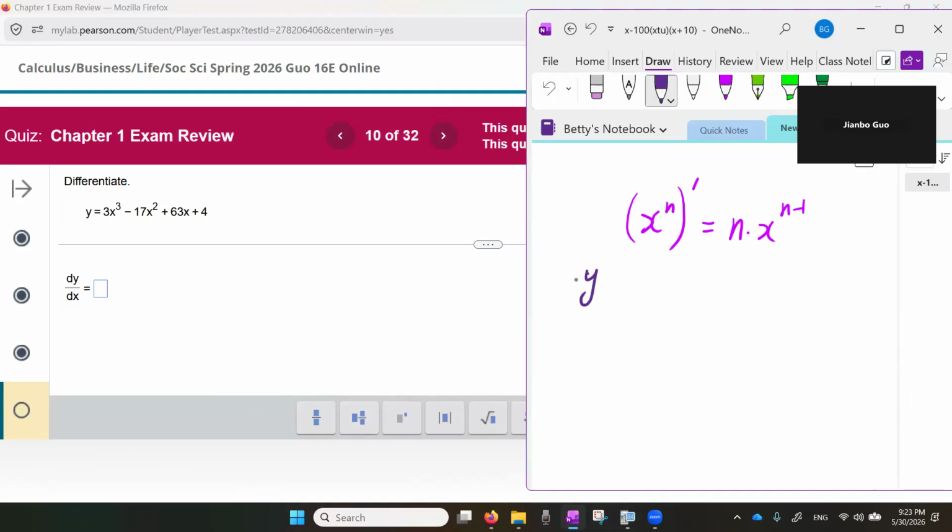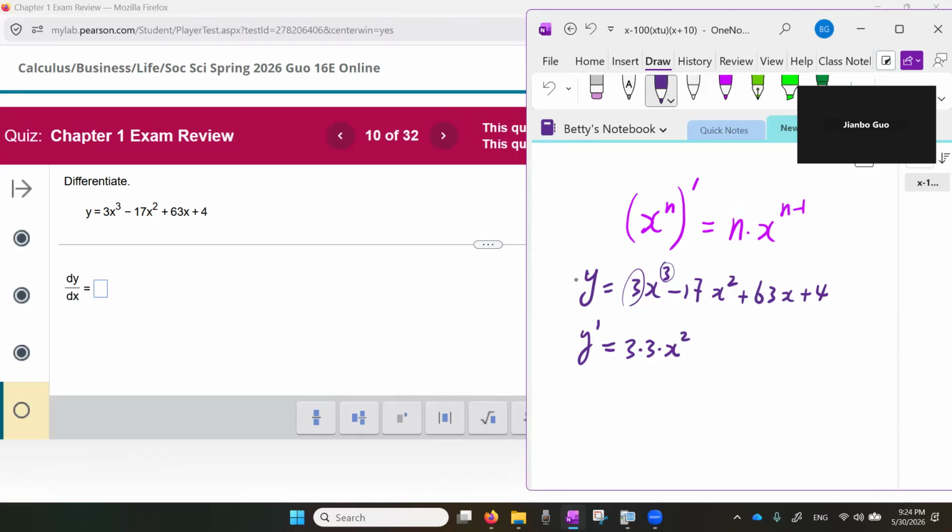So the function y equals 3x cubed minus 17x squared plus 63x plus 4. We're looking for the derivative, so keep the coefficient and use the formula. Bring down the exponent in front, and then copy the variable base. And 3 minus 1 is 2, okay?